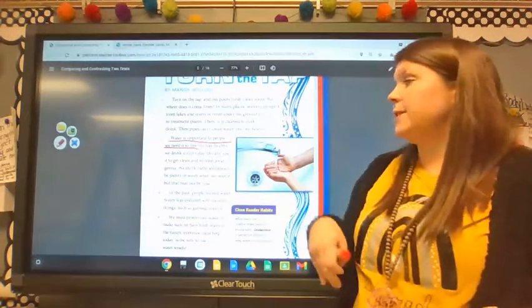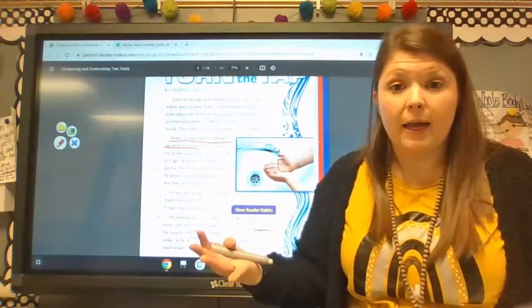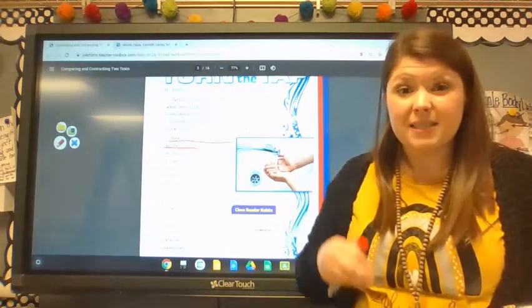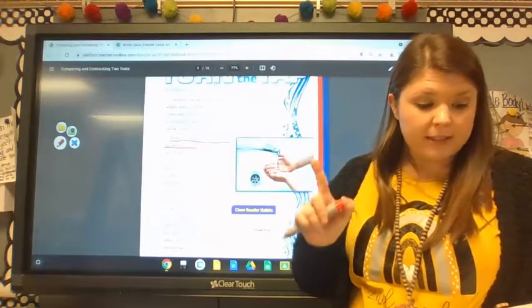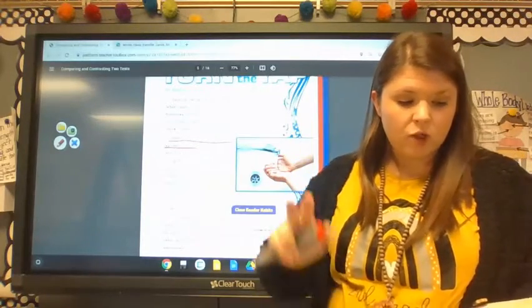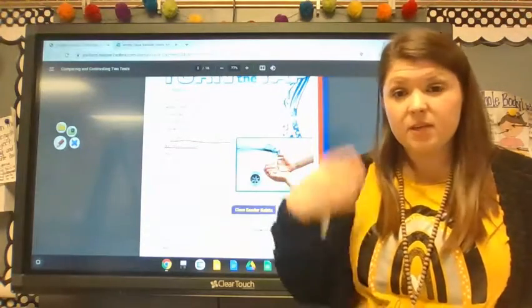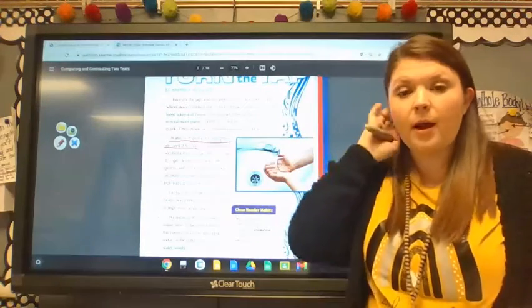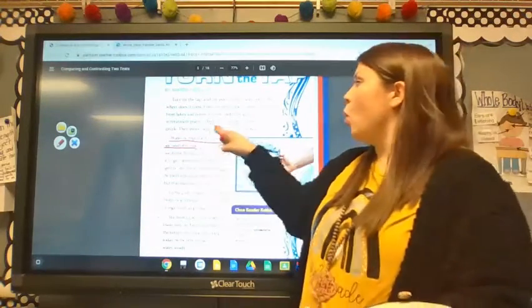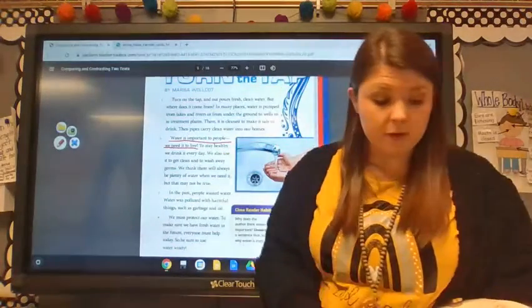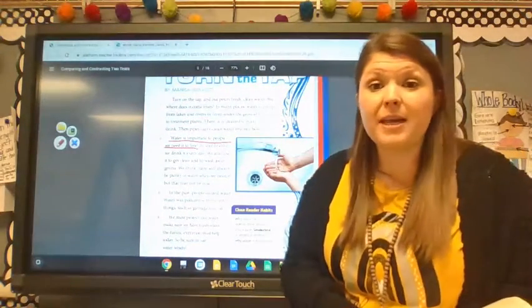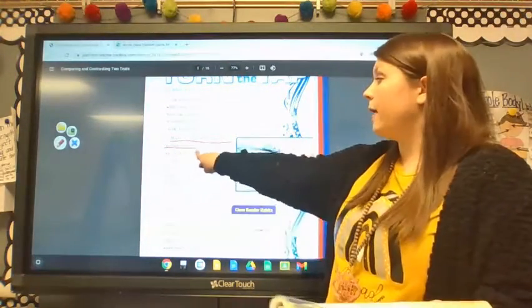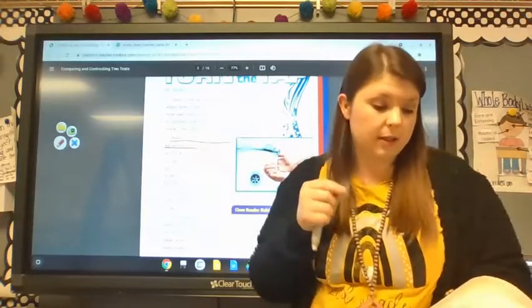Now, the other sentences in that paragraph tell us why we need water, right? It gives examples. We need water to stay healthy. We need it to wash away the germs. We need to keep our bodies clean, right? But the main idea, what that was all about, is the most important point of people need water to live, don't they? Let's keep reading to gather more information on why this is important that we need water to live.